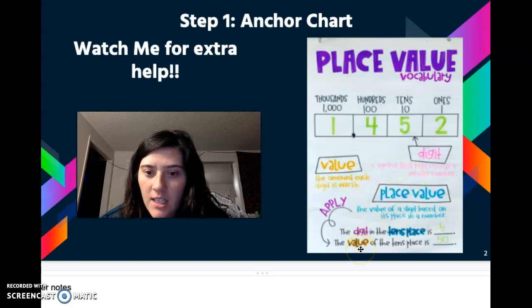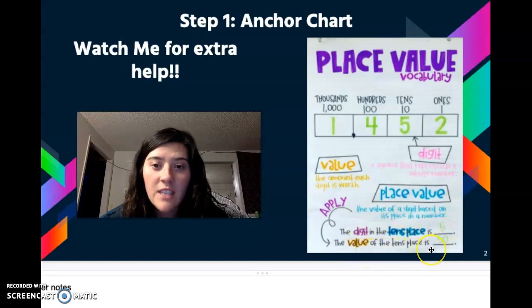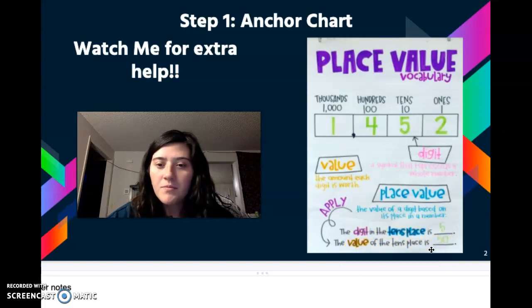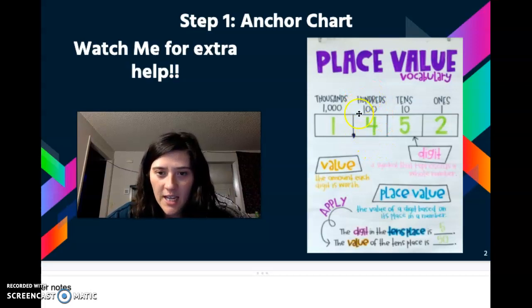number. The digit in the tens place is 5. The value of the tens place is 50. Okay? So that means the digit in the hundreds place is 4, but the value of this number is 400.